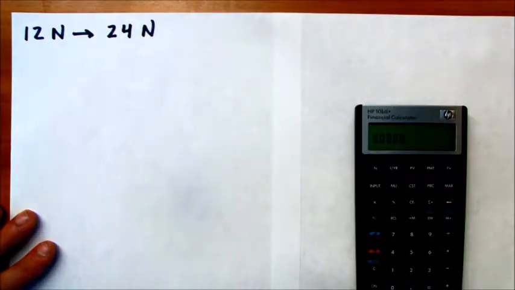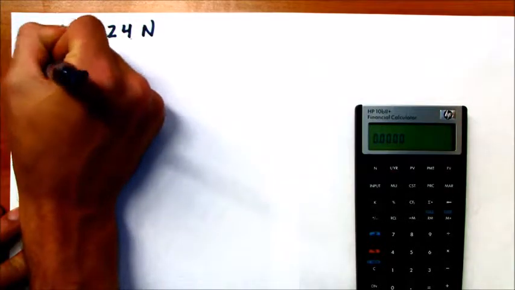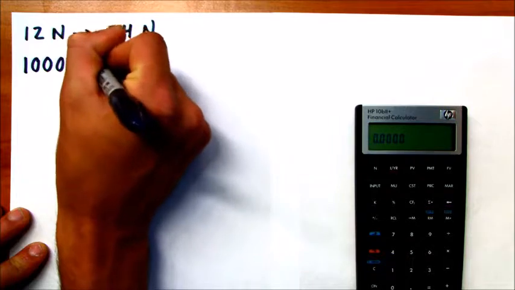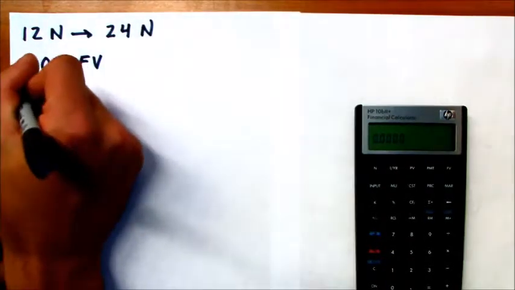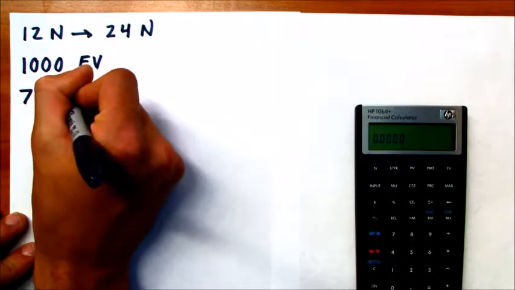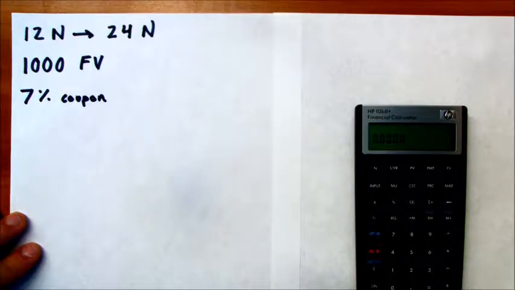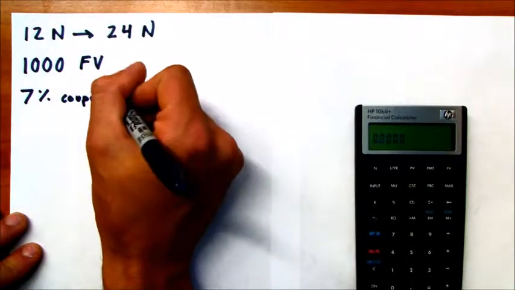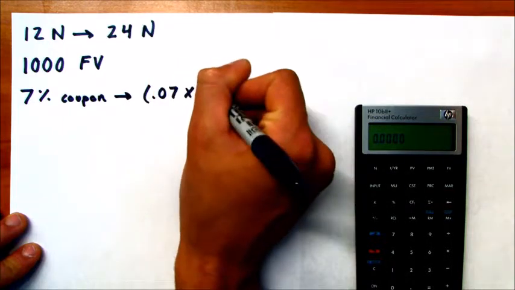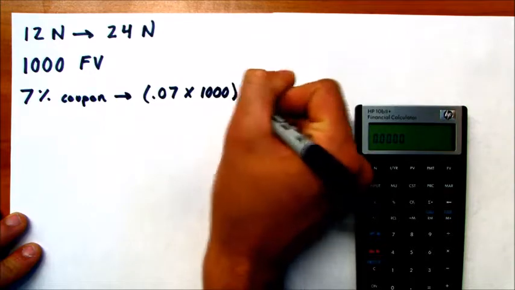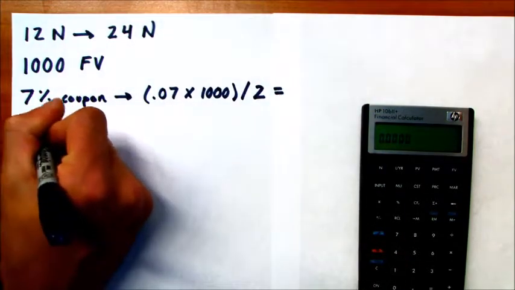The next part of the problem, we recognize that the future value is 1,000. The next part is the 7% coupon rate. Calculations, understanding that it is still under semi-annual, are as follows: 0.07 times 1,000 divided by 2 equals 35 payments per year.